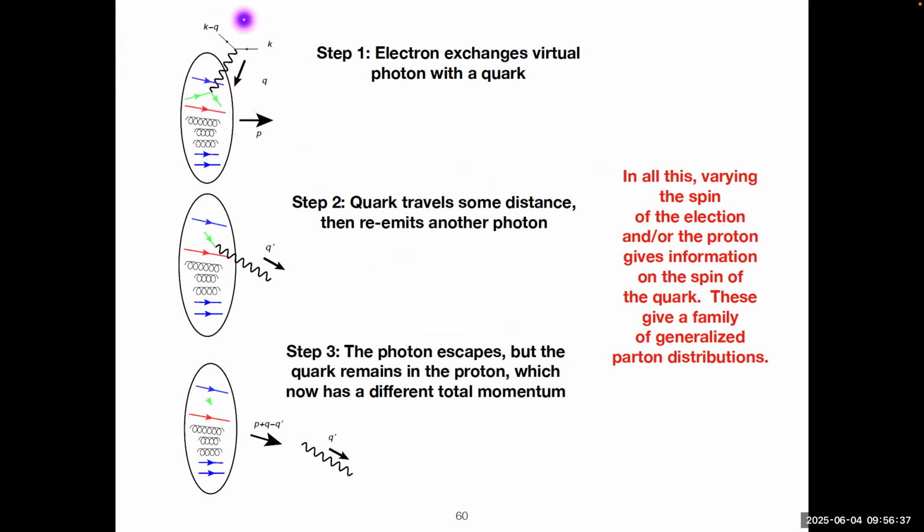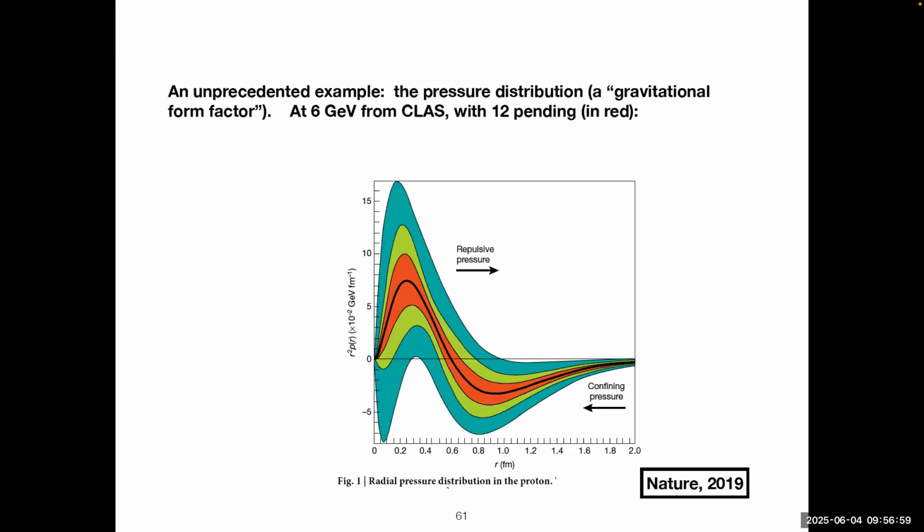That's step one in DVCS. Step two, the quark travels some distance and then re-emits another photon. Step three, the photon escapes. Here it is, the happy photon. It got away while the getting was good. But the quark remains in the proton, which now has a different total momentum, just the difference between this big Q and this little q.